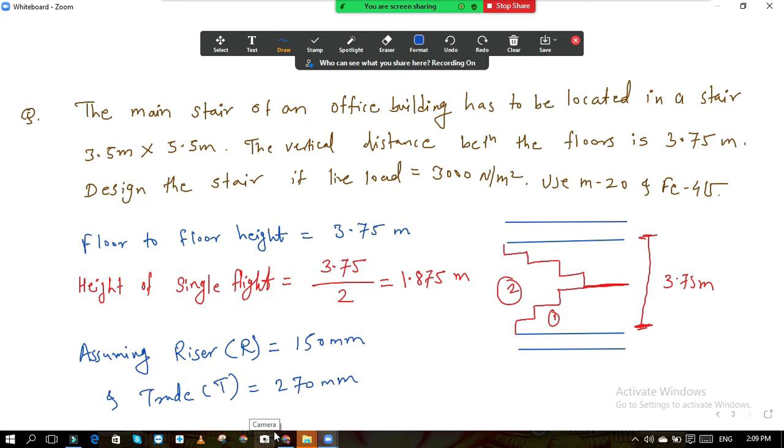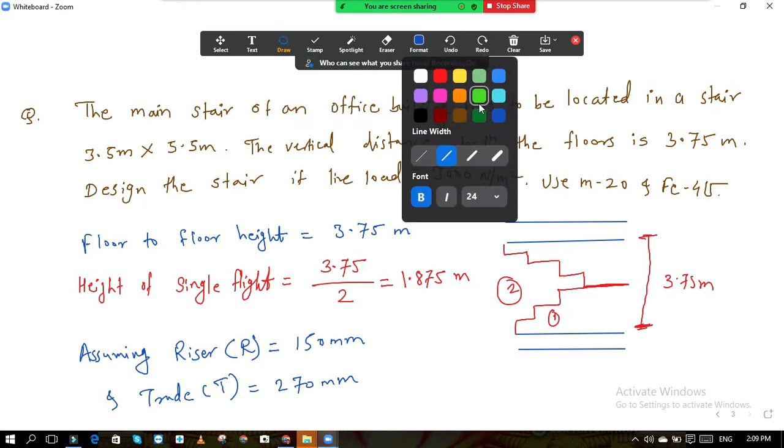Riser and tread. Okay. So now we need to find out the number of risers. Now see, we are having this section.